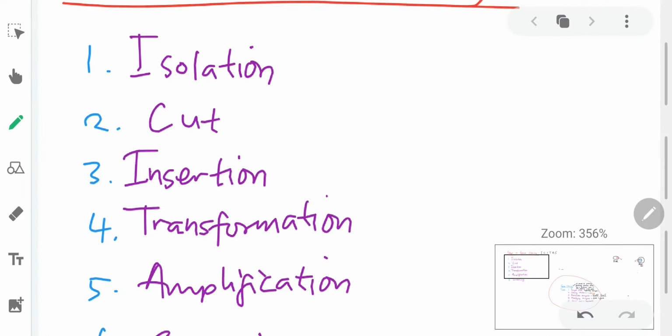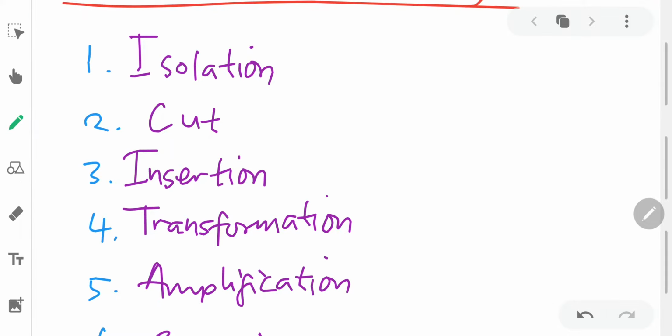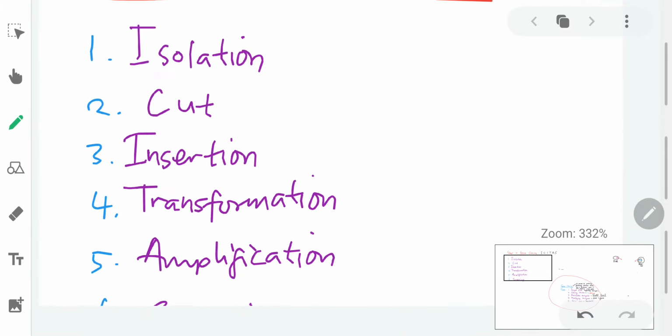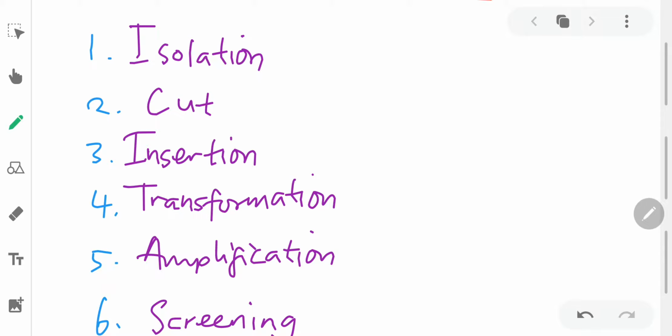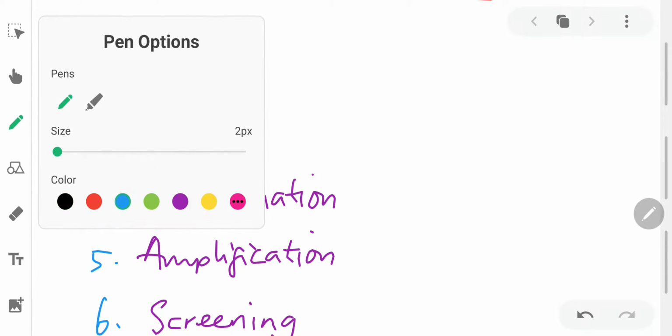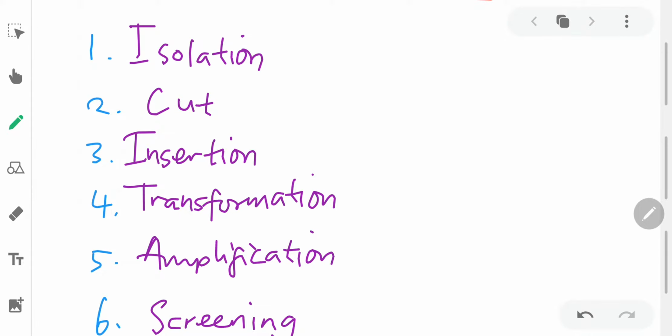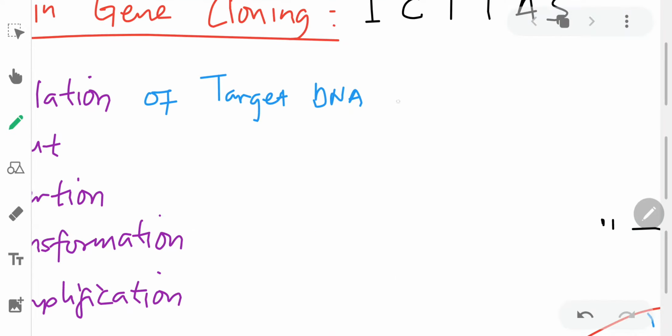So, what happened during isolation? Isolation, first is isolation of target DNA and plasmid.